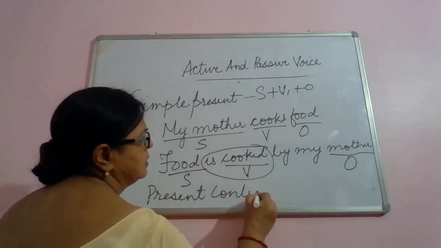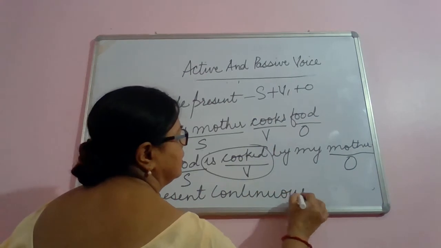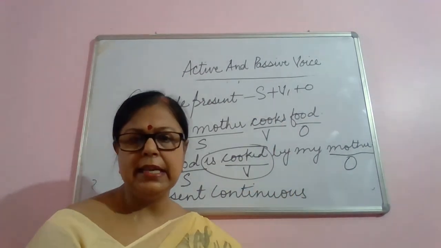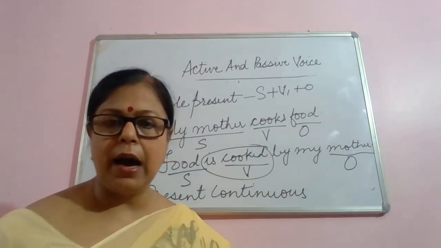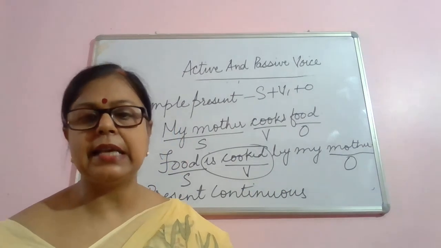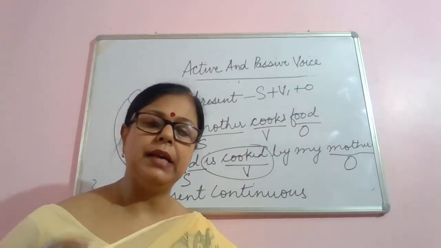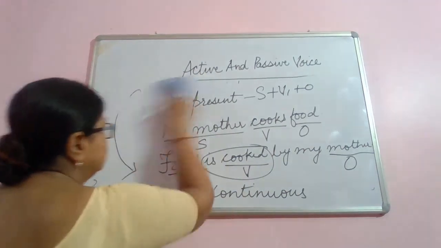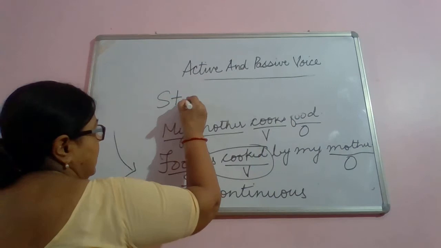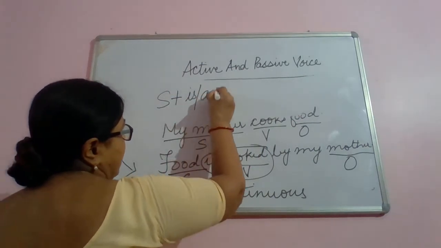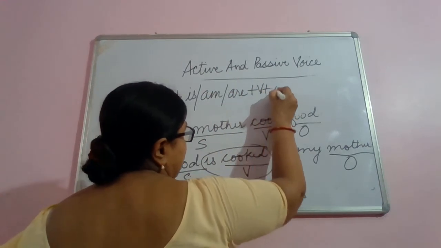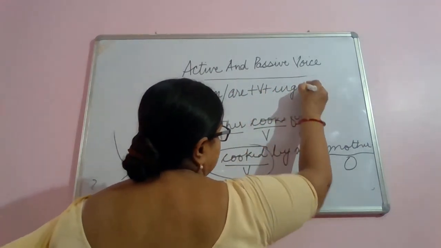As we know, the structure of present continuous is subject plus is, am, are plus V1 plus ing plus object.